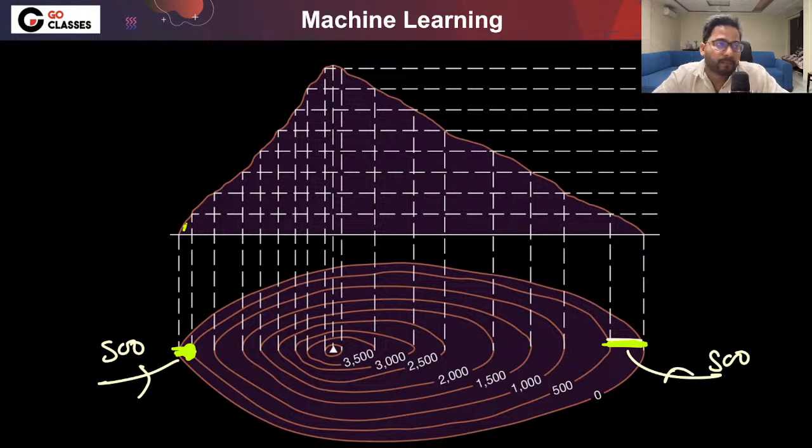I don't have any other word for steep, but I think you understood. The slope is more here. This is the highest slope you can get, and this is the lowest slope you can get, which is horizontal. So here the slope is definitely more. I hope you understood what I'm trying to say.